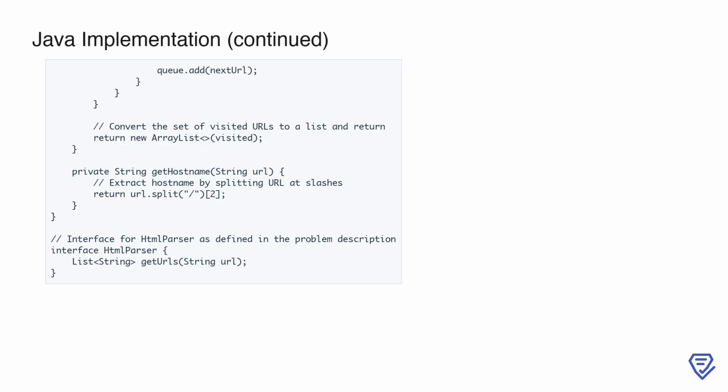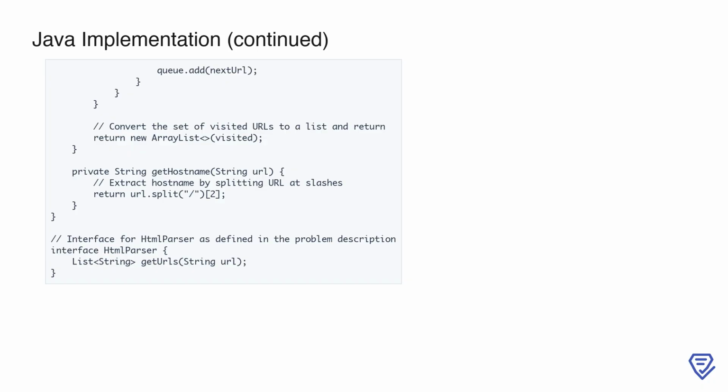When the queue is empty, meaning there are no more URLs to process, the traversal is complete. At this point, the visited set contains all the URLs within the same hostname that were reachable from the start URL. We then convert this set to a list and return it as the result. Finally, we define the getHostName helper method, which extracts the hostname from a URL by splitting the string at its slashes and selecting the appropriate segment.